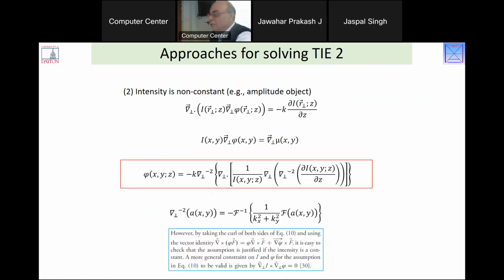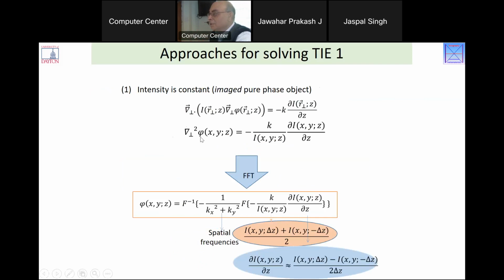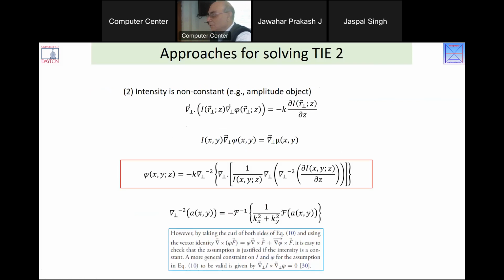Then it will become pretty much like this, similar to this, except I don't have phi, but I have mu. Are you okay with that? Then I can solve that equation, and once I have solved it, hopefully I can come back and solve this one. Again, all using Fourier transforms.